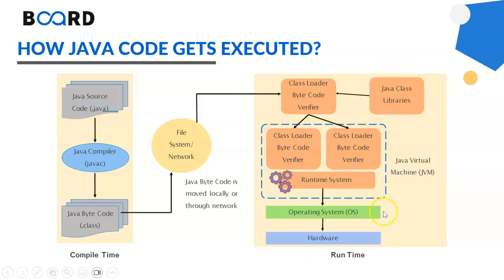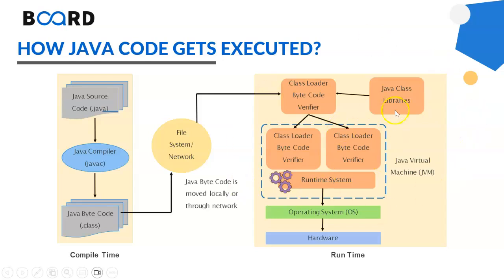As I said, onto your machine hardware there is an operating system, and onto it the JVM resides. So once your class gets loaded onto the Java virtual machine, Java program execution starts. JVM interprets your code step by step as an interpreter, and nowadays modern JVMs are much faster as they use JIT compilation units.